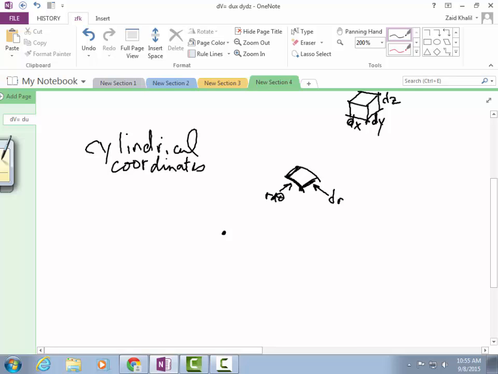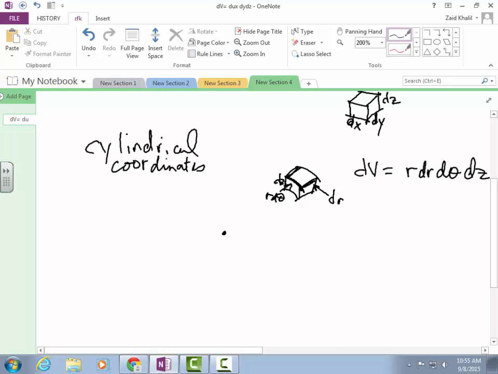Then what's missing? dz. That's right, so I give it a height. And there you go. Cylindrical coordinates is actually very easy. So dV is equal to r dr d theta dz. That's nice and easy.